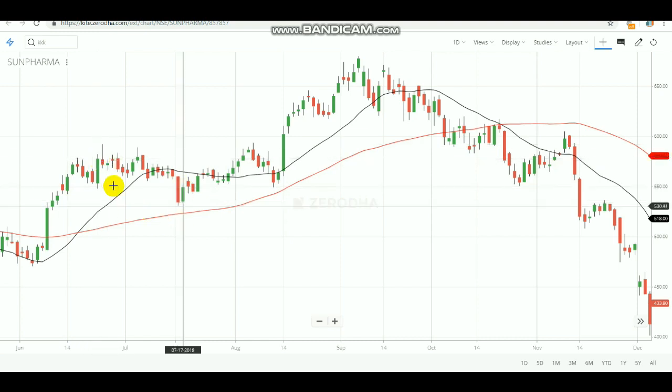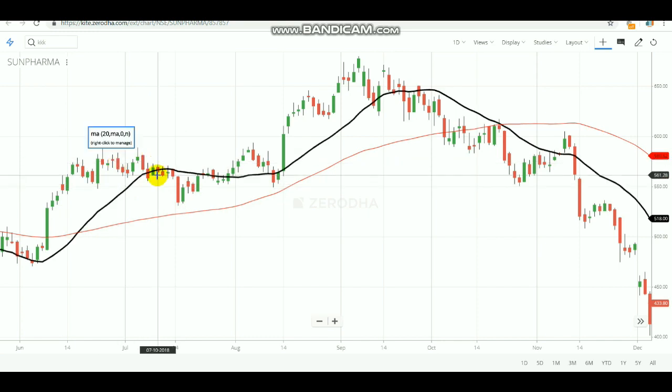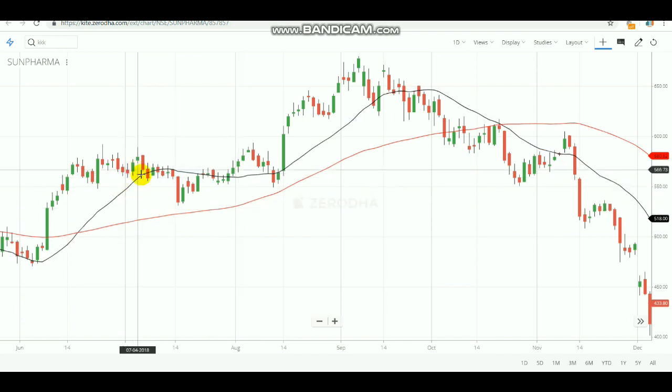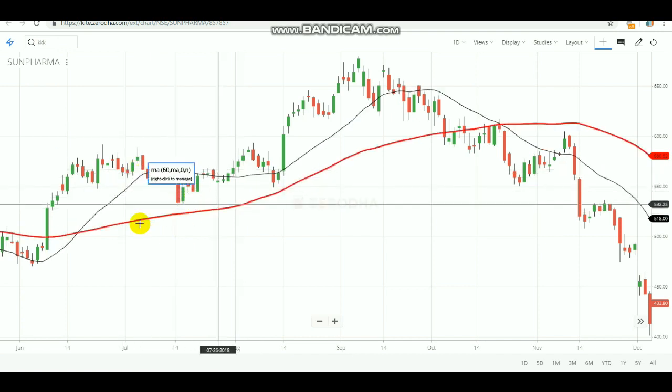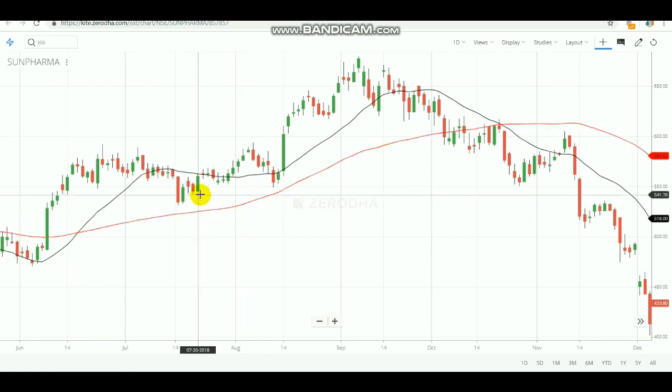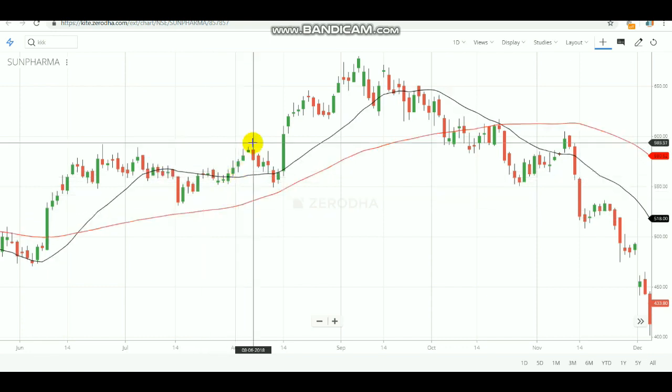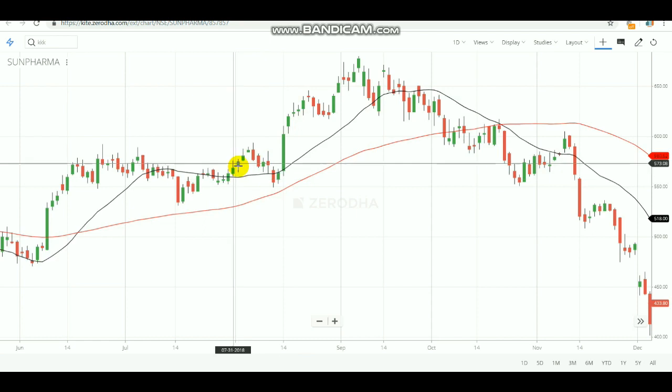If you have cut at this point, you would have got another entry at this point, because as I said before, if candles came to this crunchy level, after again market went up, that means the market is still in uptrend only, so you can earn more by making another entry.